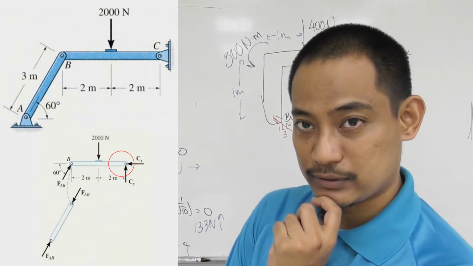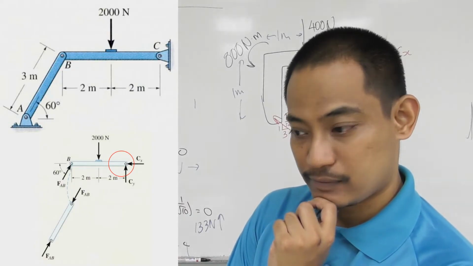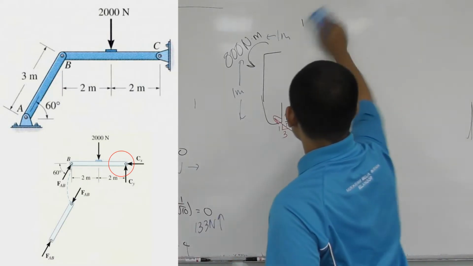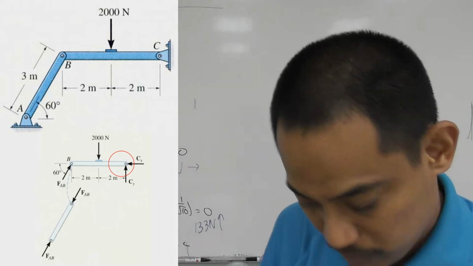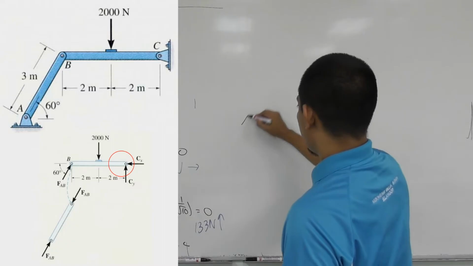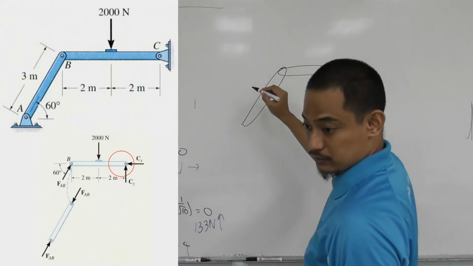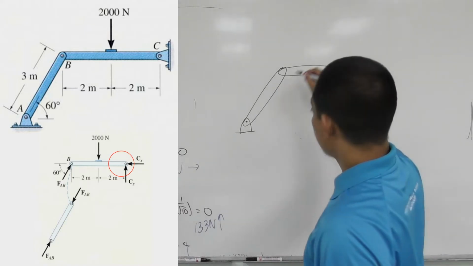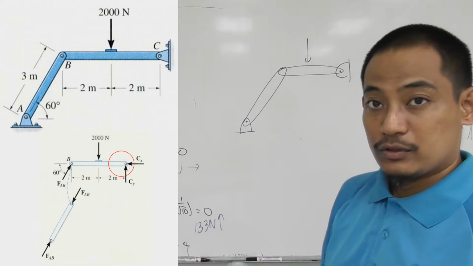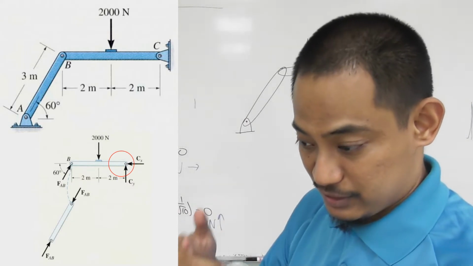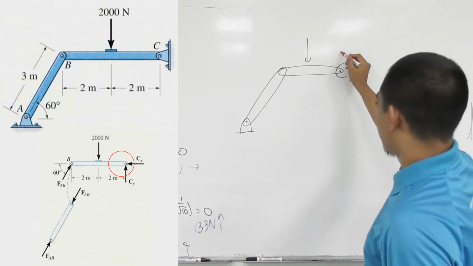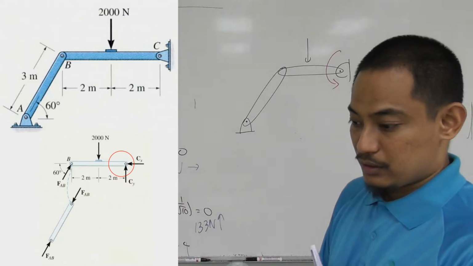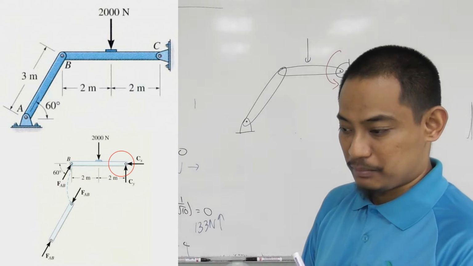Do you understand the question? Originally it's like that. So if suddenly we apply a couple moment there at C, additional to the original, how will you change the free body diagram of member BC at B?